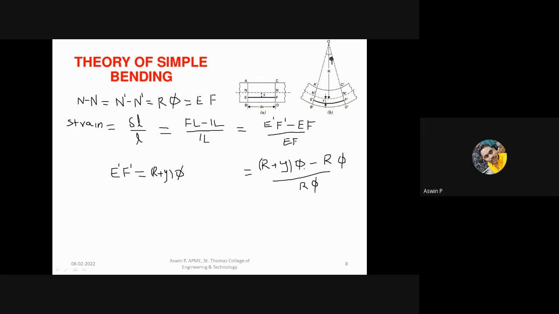You can see that both terms have phi on top, so you can cancel it.